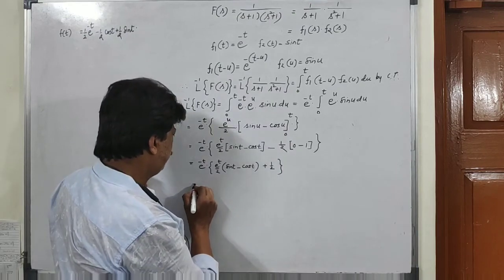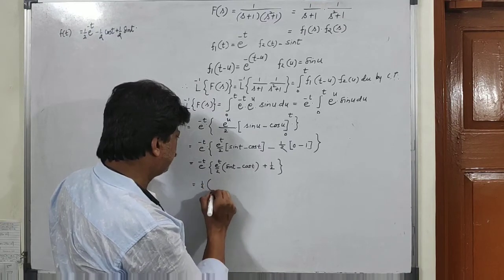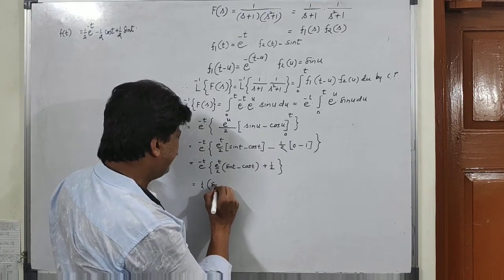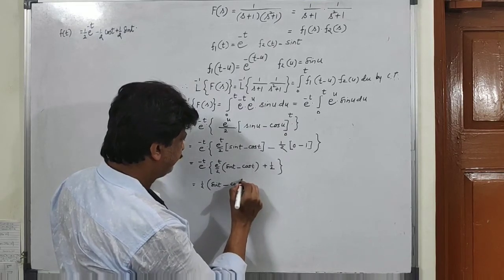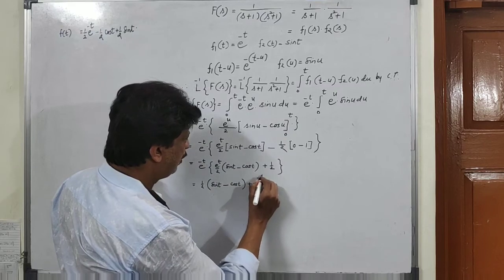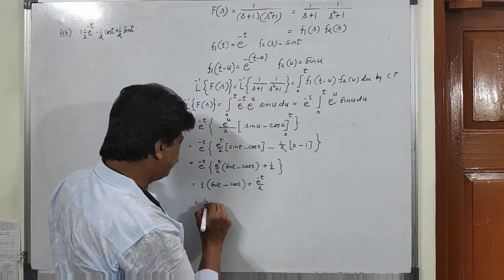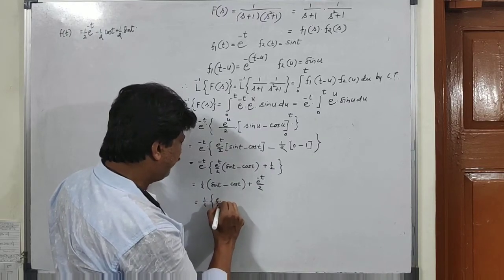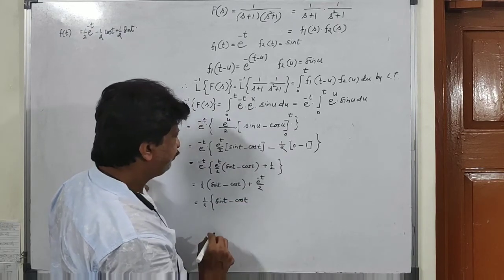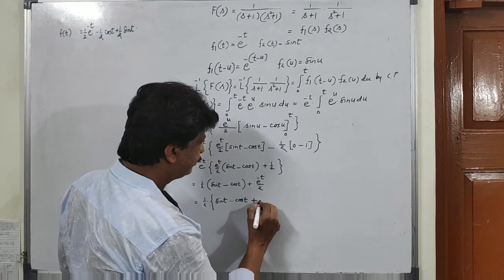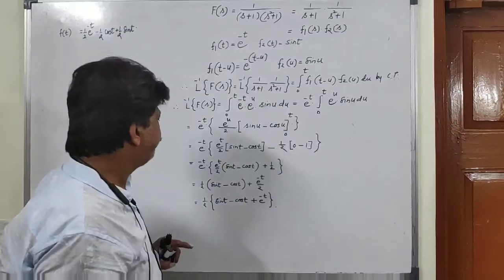So that is further equal to, open this bracket, e raised to power t minus t goes, it is 1 by 2 times sine t minus cos t, plus e raised to power minus t, so 1 by 2 seems to be constant, sine of t minus cos of t plus e to the power minus t.